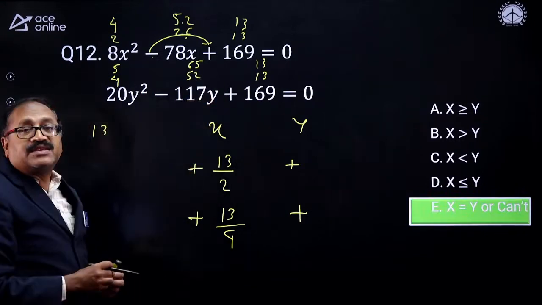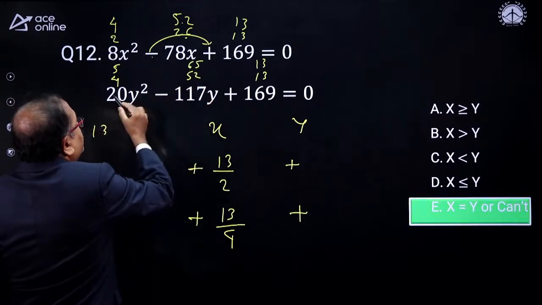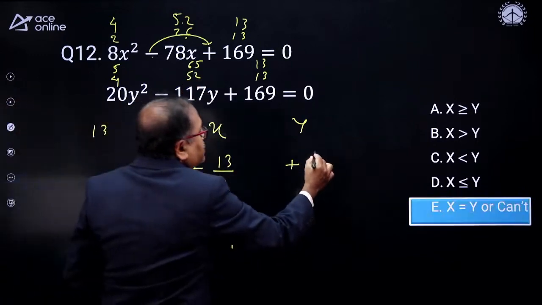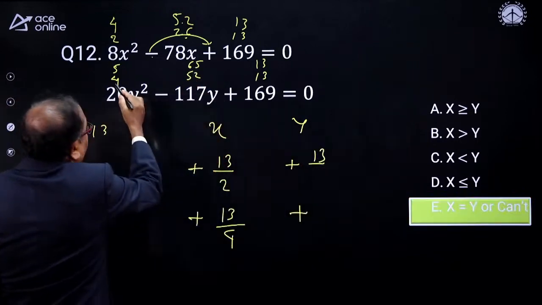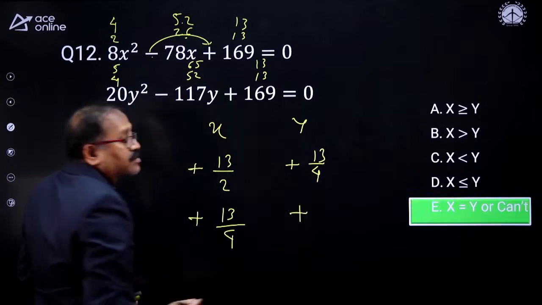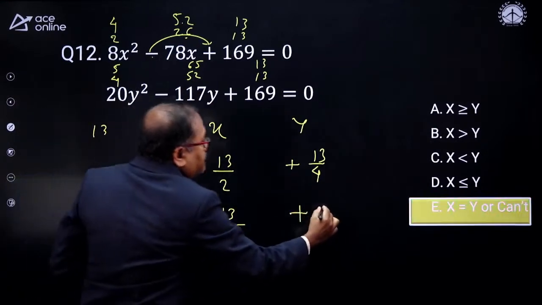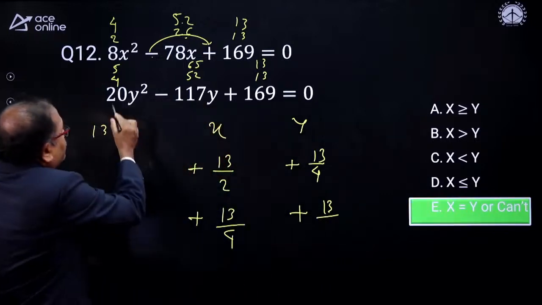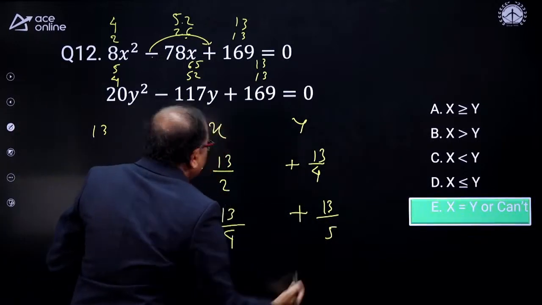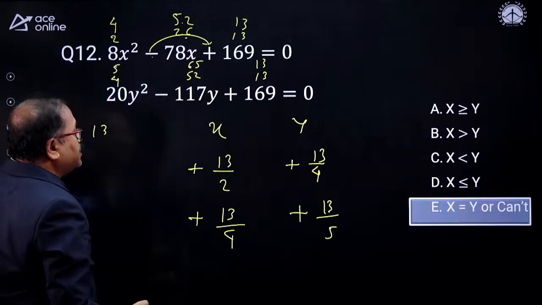The sum is 117. So 65 divided by 20: with 5, 13 times, and with 5, 4 times 20. And the next, 52: with 4, 13 times, and with 4, this is 5 times. Now check the relation here.